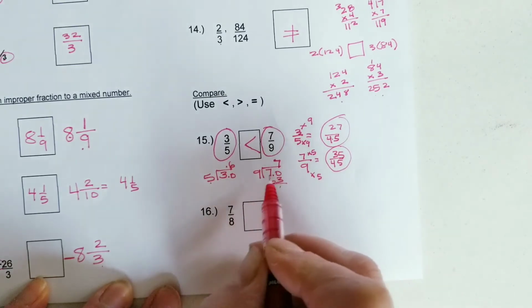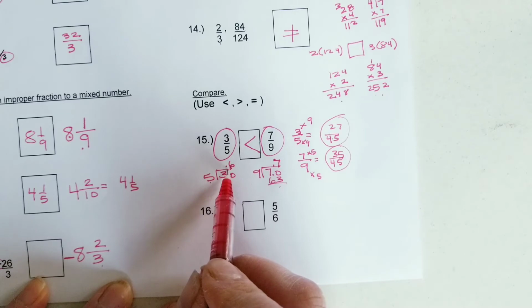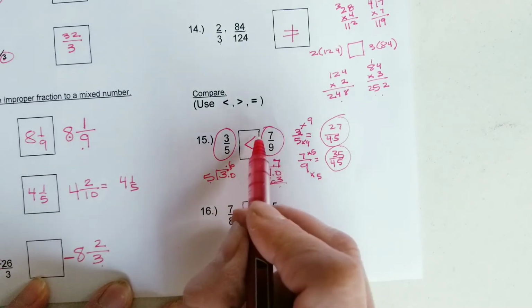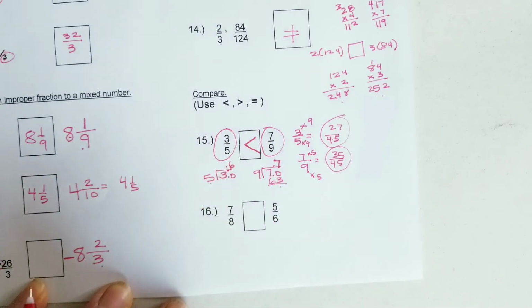So I don't have to finish it. I can see that 0.6 is less than 0.7. So again, 7/9 is greater than 3/5.